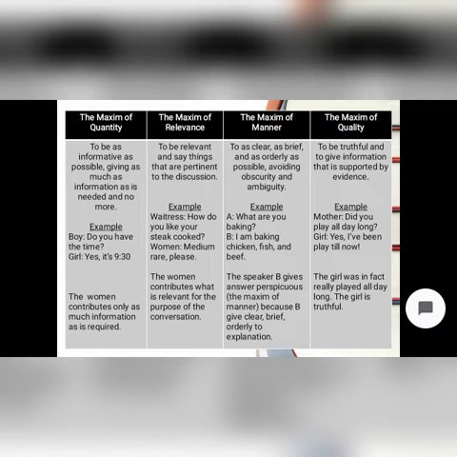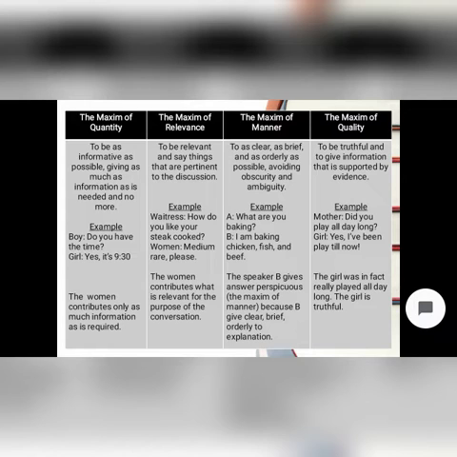Next, the maxim of relevance. To be relevant and say things that are pertinent to the discussion. So, the maxim of relevance requires us as speakers to make our utterances relevant to the discourse going on and the context in which they occur.